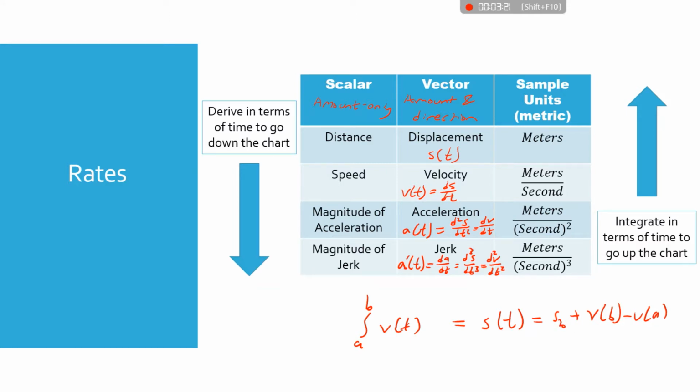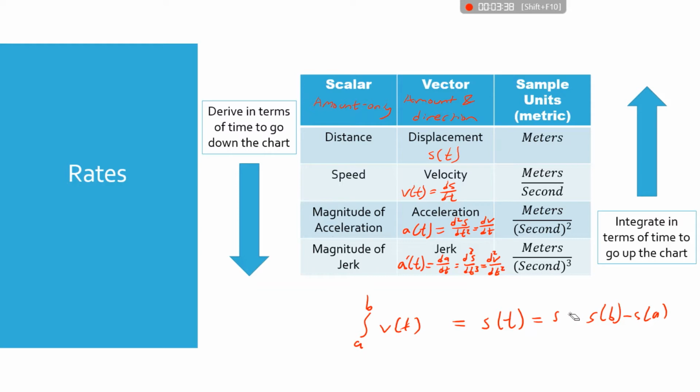So if I integrate this, I'll get an upper bound minus a lower bound. So it'll be my velocity at time B minus my velocity at time A. Integrate, that'll be displacement. Okay, but we already had some displacement at B as well.